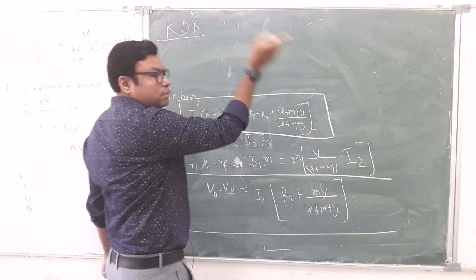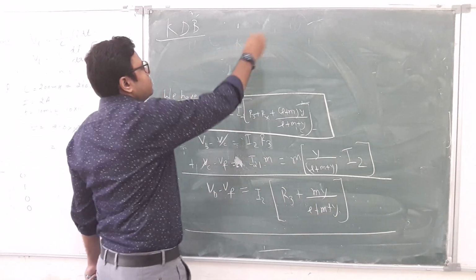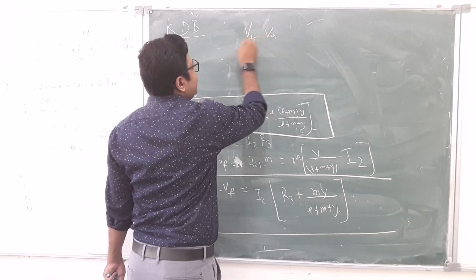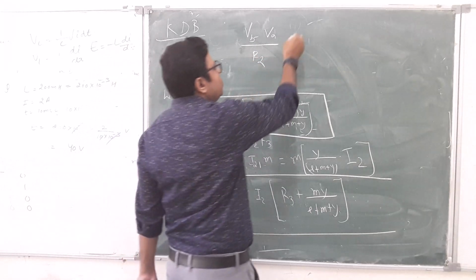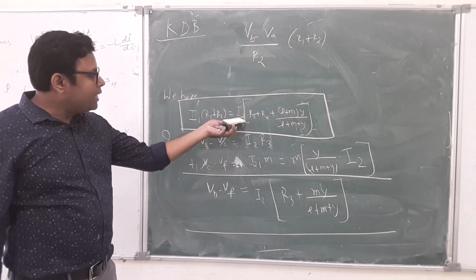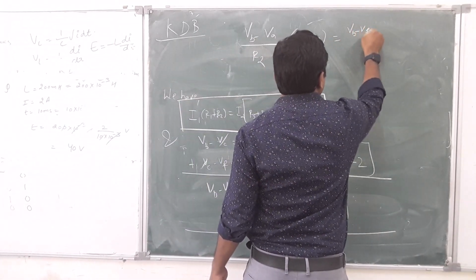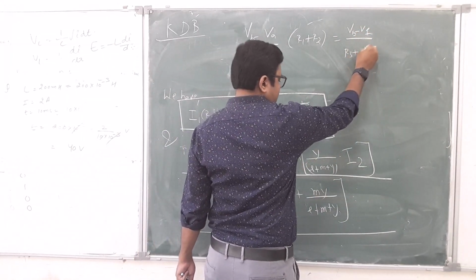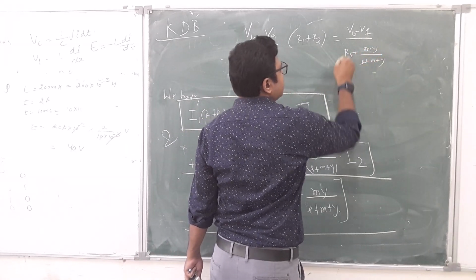So I1, from the circuit you can see in your copy if you have made that circuit, I1 is VB minus VA by R2. I1 is VB minus VA by R2 into (R1 plus R2), and I2 is here. I2 is VB minus VF by this, R3 plus MY by (L plus M plus Y).